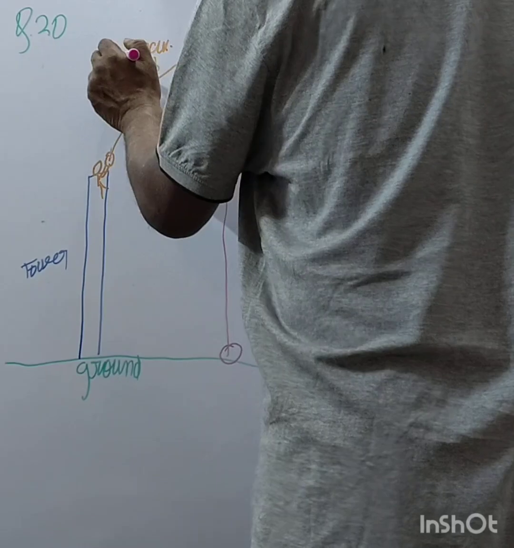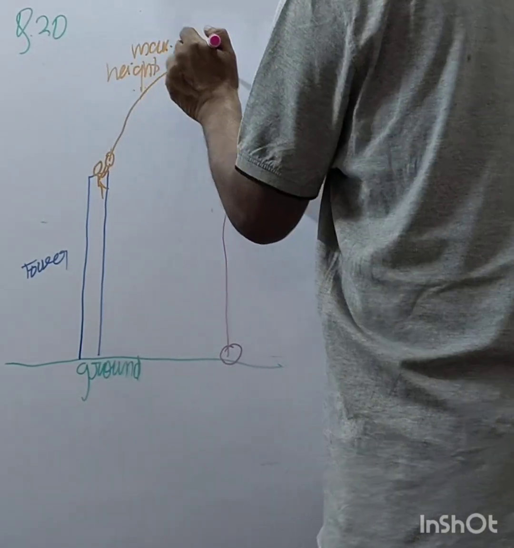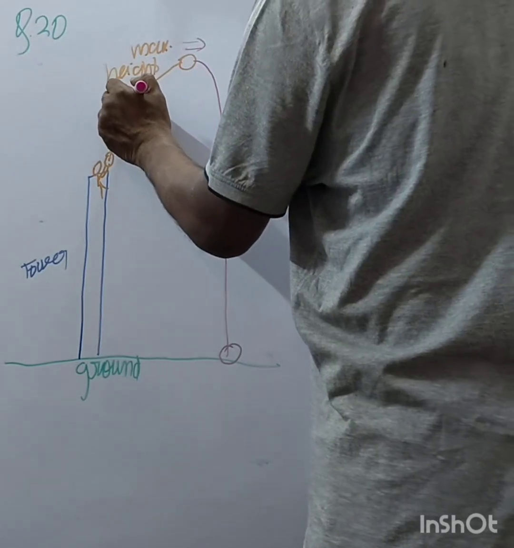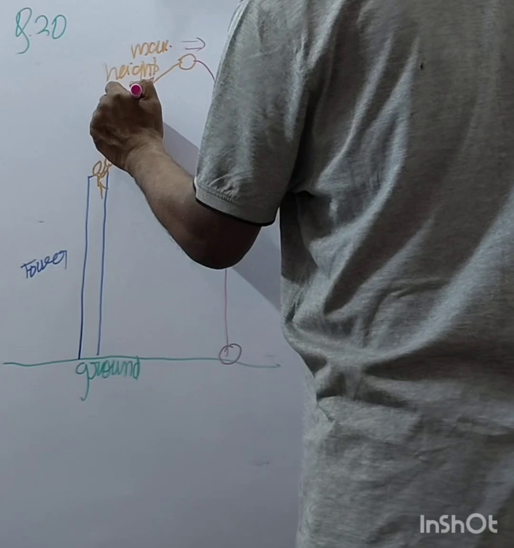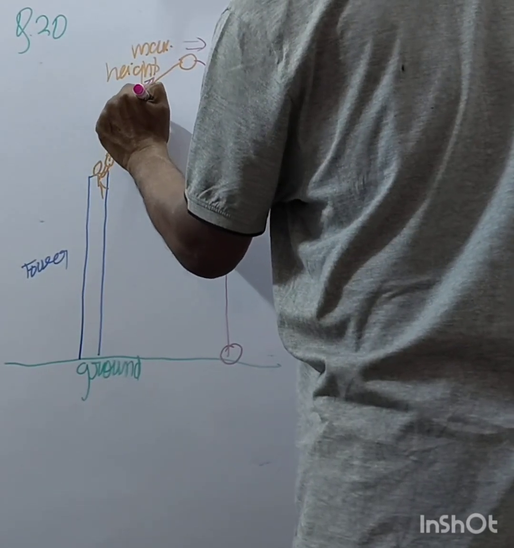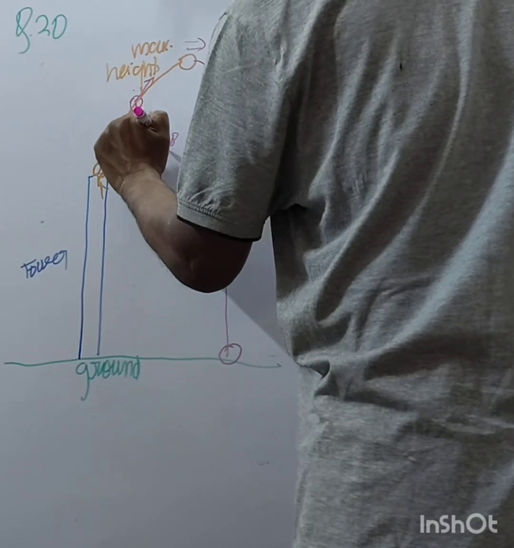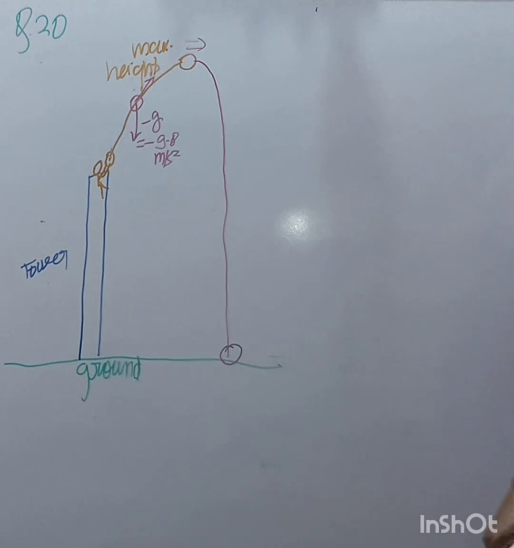So at maximum height, the ball is moving in the upward direction, so g is negative g, so minus 9.8 meter per second square.